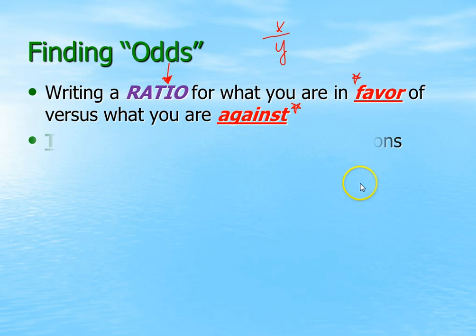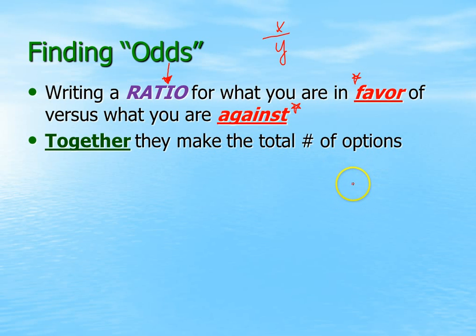what you're against goes on bottom to make your odds. Now, when you're doing your odds, make sure you understand this is going to be a little bit different than the probability we're going to talk about in a second. The odds together, so what's on top and what's on bottom, will give you the total number of your options.